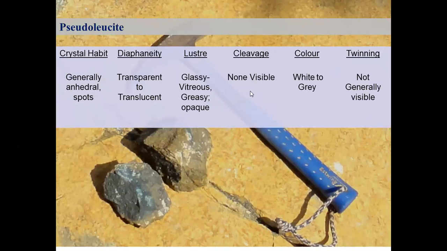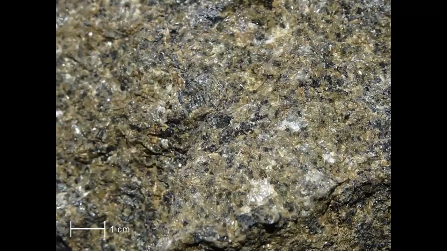You won't find any cleavage. You won't find twinning generally because the crystals aren't developed well enough for that. The colour is white to grey, and that's a rundown of pseudoleucites. That's another one of the feldspathoids.